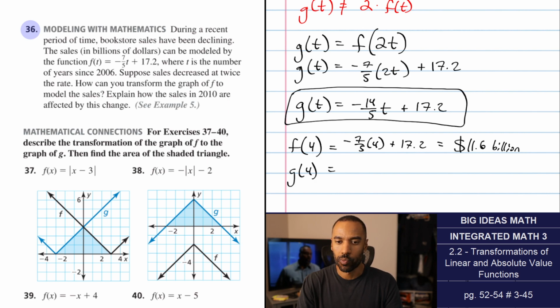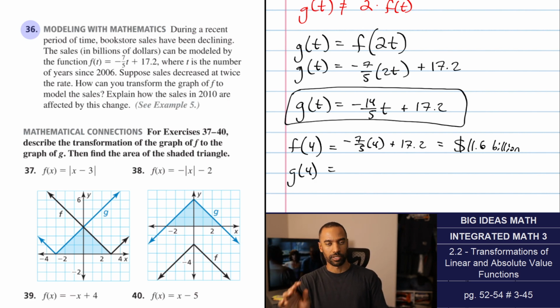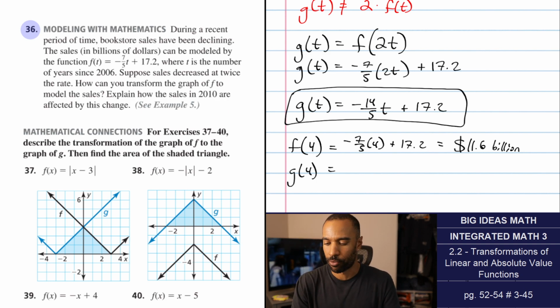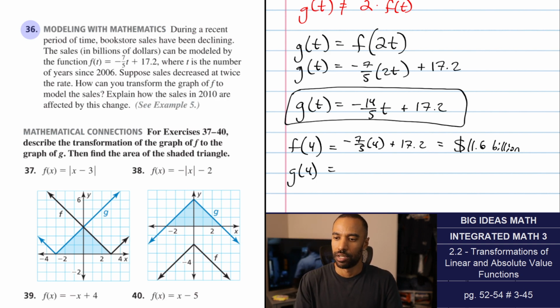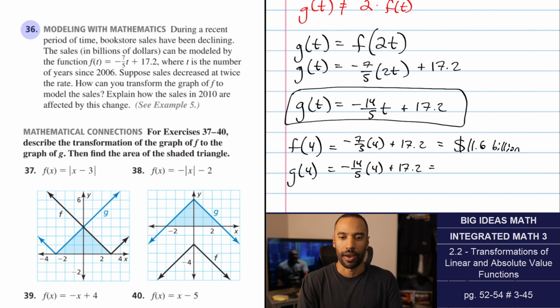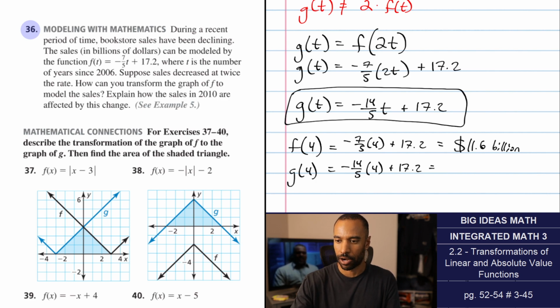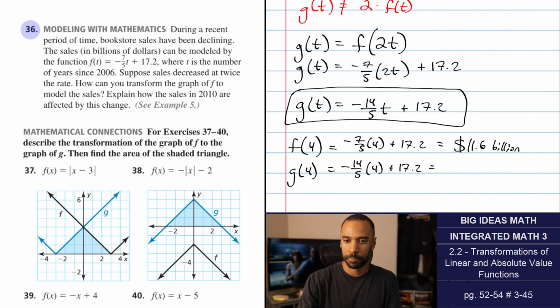And then this one, you don't just double 11.6 because remember the 17.2 is a part of the whole thing. So -14/5 times 4. That's the part that gets doubled though. -14/5 times 4 plus 17.2.